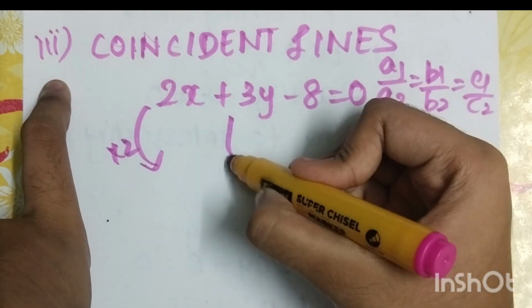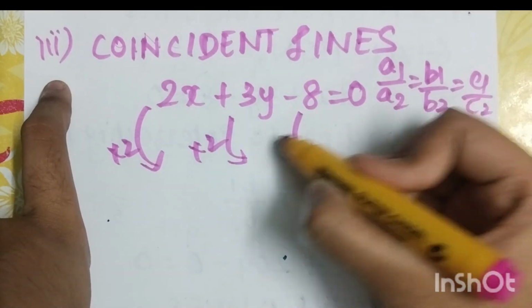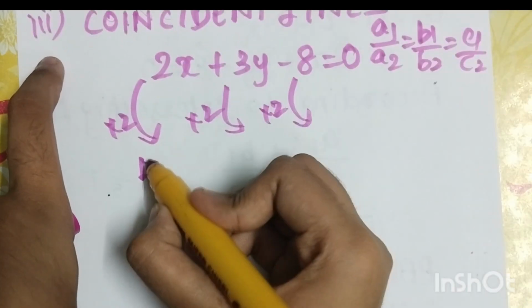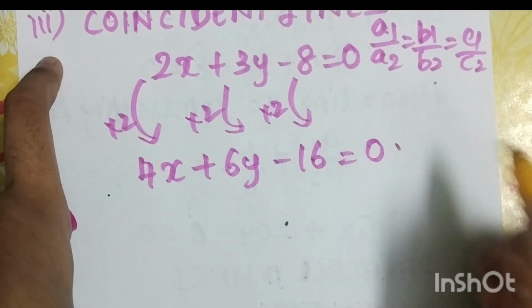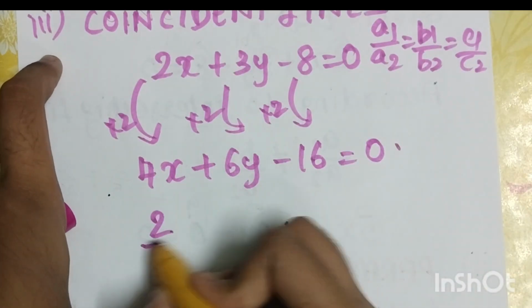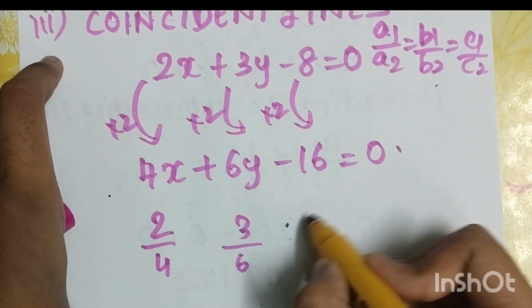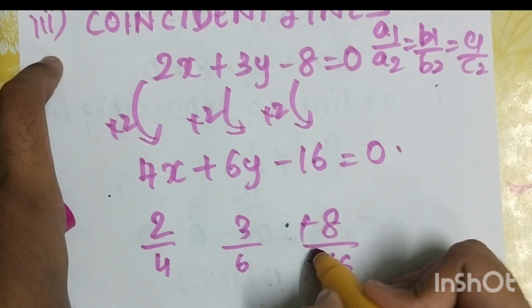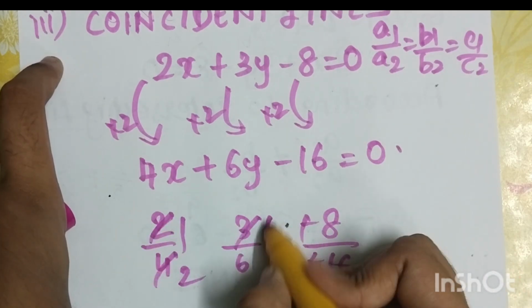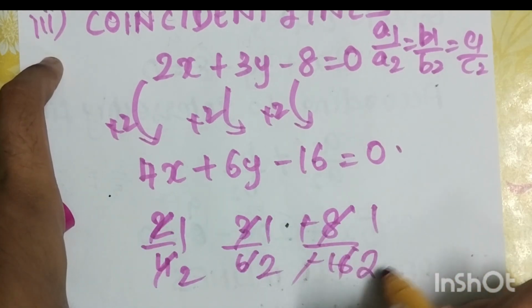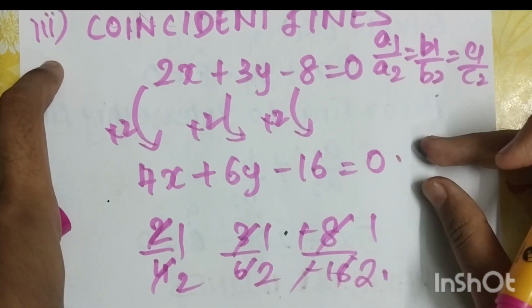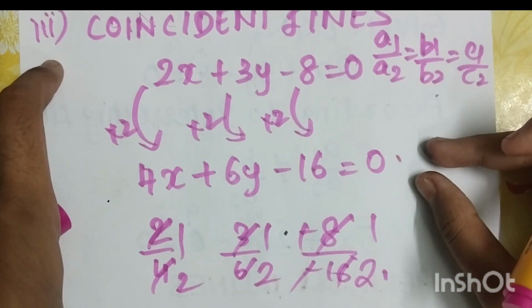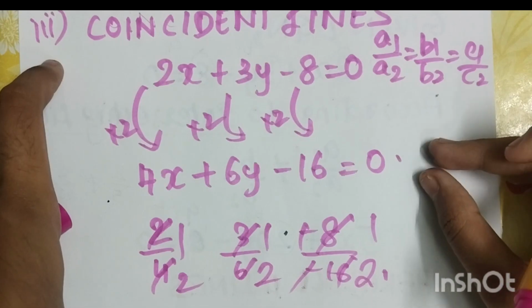Into 2, into 2, into 2. So it is 4x plus 6y minus 16 is equal to 0. So if I cancel 2 by 4, 3 by 6, minus 8 by minus 16, I'll be getting the same 1 by 2, right? So my answer is correct. So this is a coincident line. It is a pair of linear equations which is a coincident line.